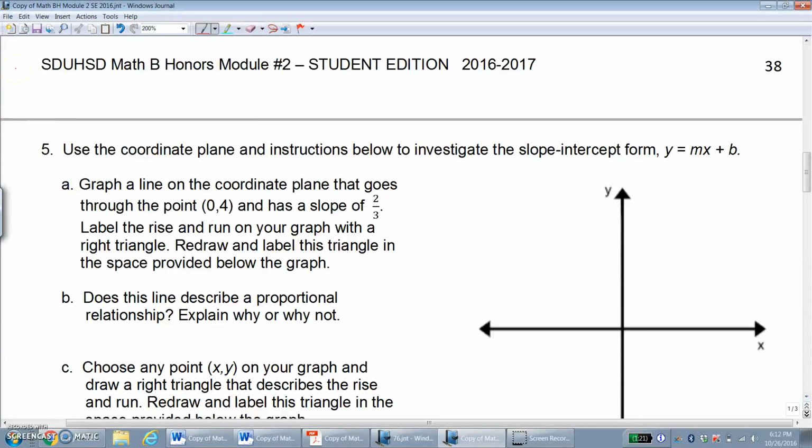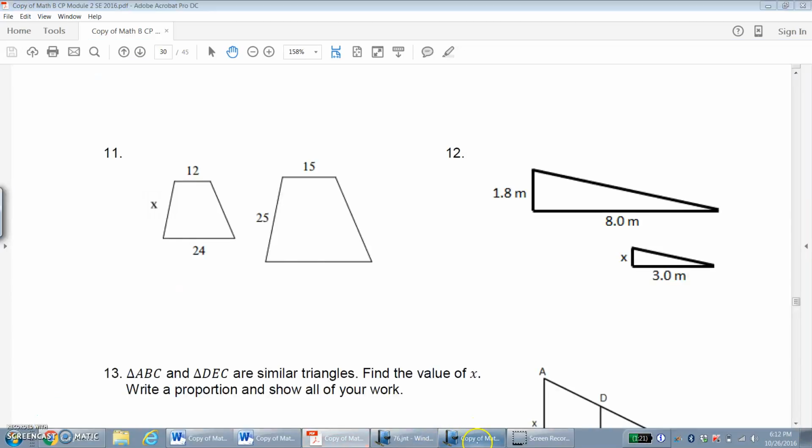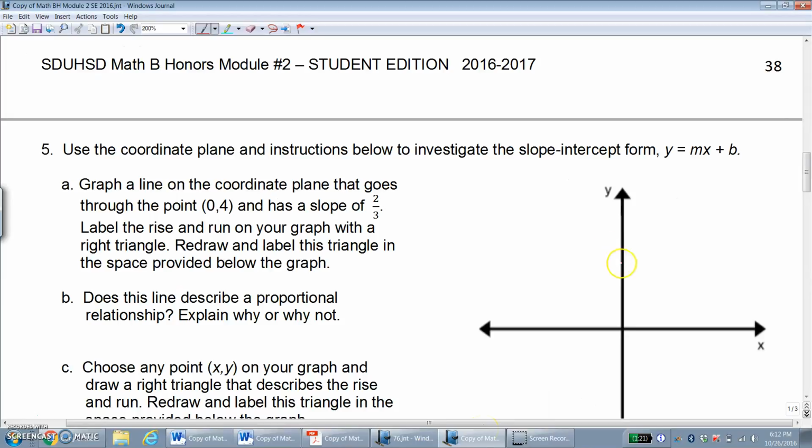So, as I drop my pen, let me pick that up really quick. 0, 4 is just right on over here. And I have a slope of 2 over 3. So here's 0, 4, and I'm going to go up 2 over 3.